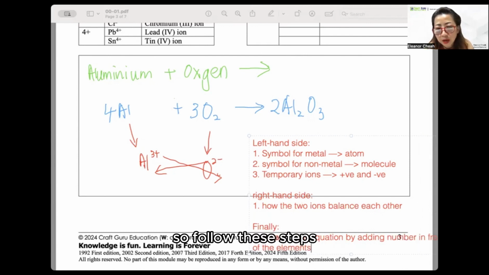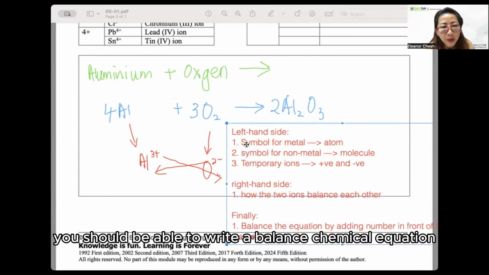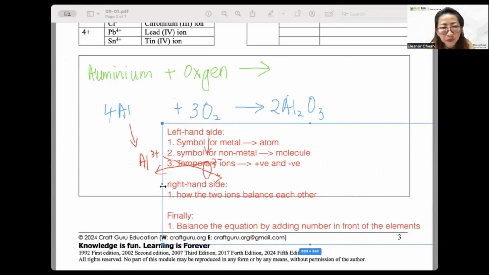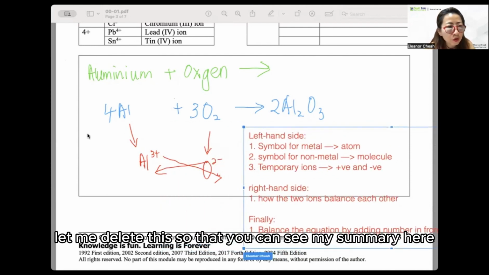So follow these steps, you should be able to write a balanced chemical equation. Let me delete this so that you can see my summary here.